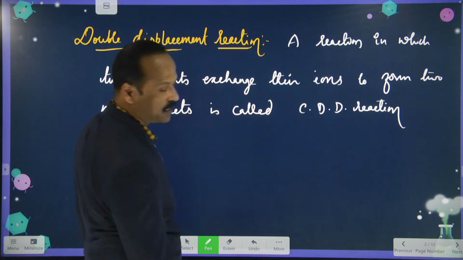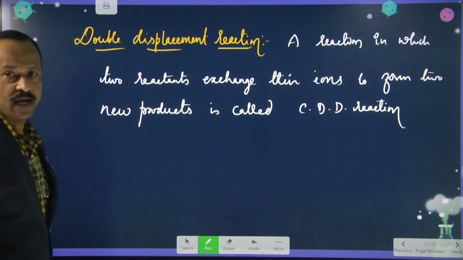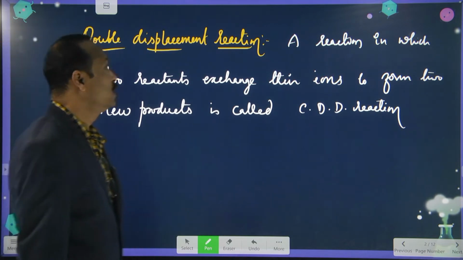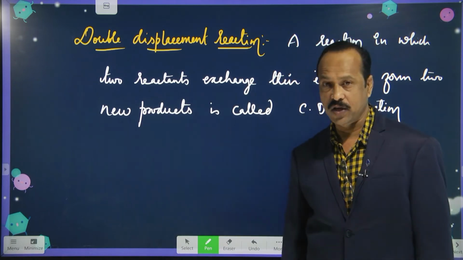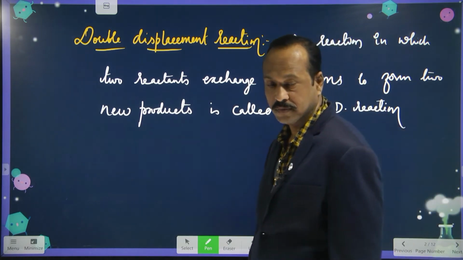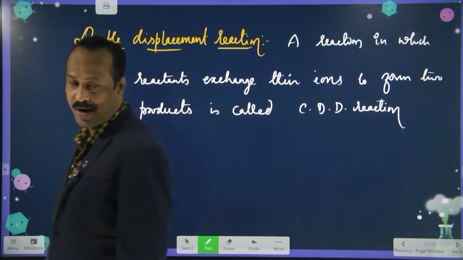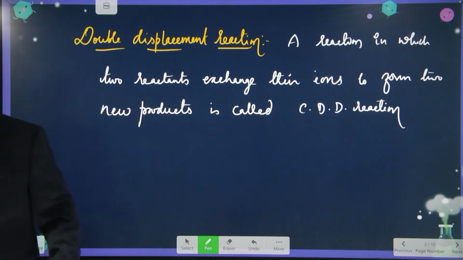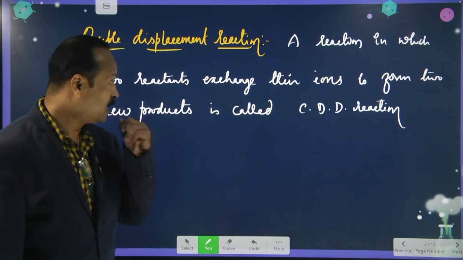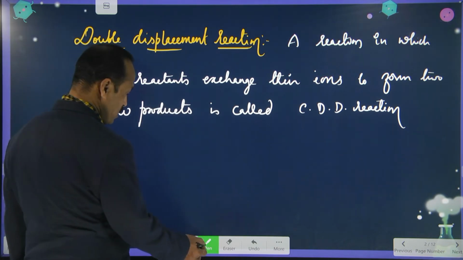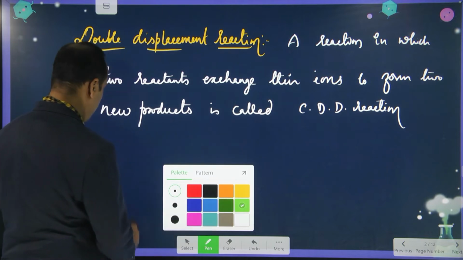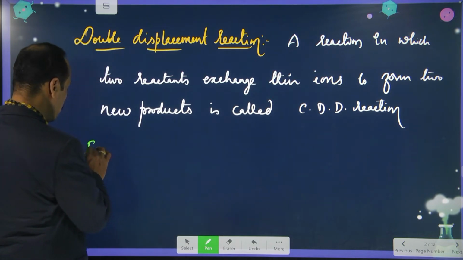So write this definition: a reaction in which two reactants exchange their ions to form two new products is called a chemical double displacement reaction. Okay, write this one and then I will explain one example so that you can understand very easily.